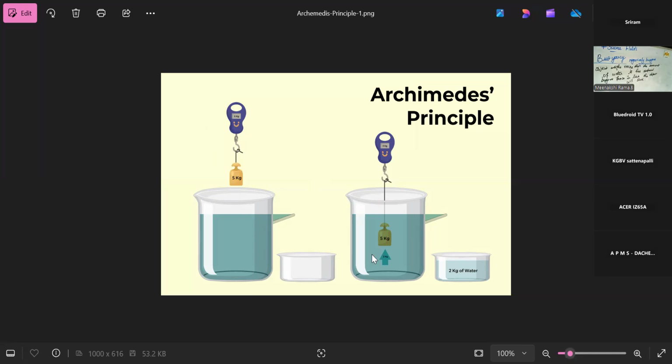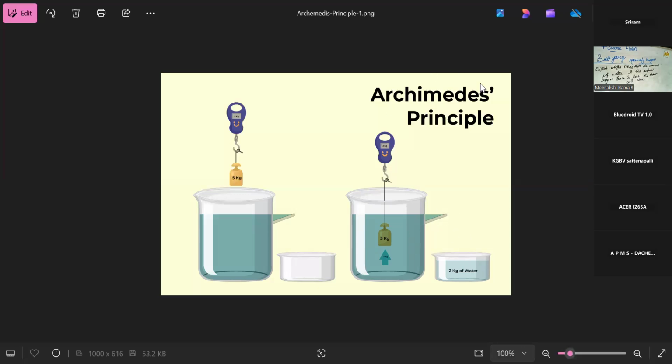What concept is noticed with the help of the experiment? When a body is partially or completely immersed in a fluid at rest, the upthrust is equal to the weight of the fluid displaced by it. When we immerse the material, an equal weight of water comes out.